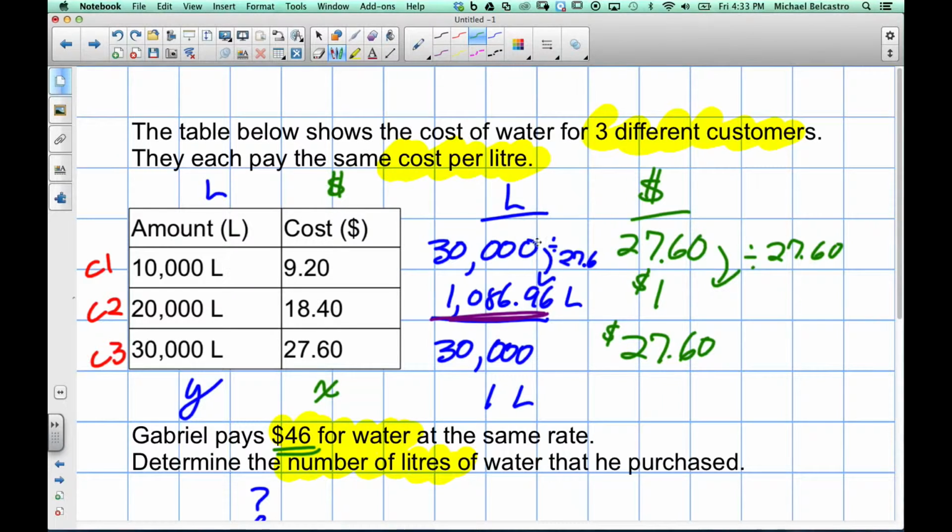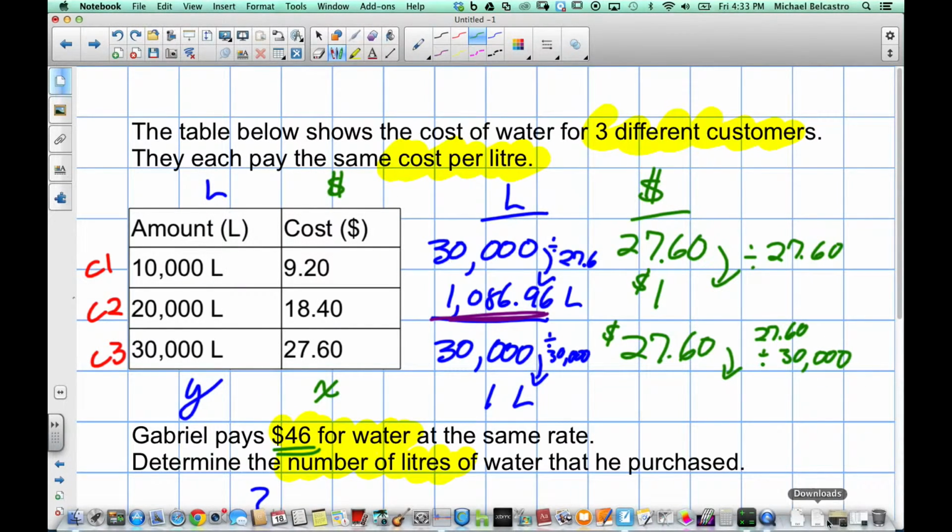In order to reduce 30,000 to 1, we have to divide by that number, just like we did with 27.6. So we're going to divide by 30,000. 30,000 by 30,000 is 1. We also need to divide 27.60 by 30,000. This is going to give us a pretty small decimal value.